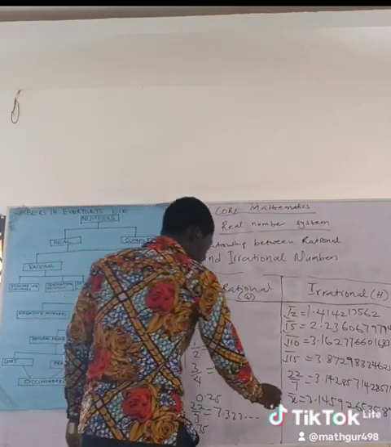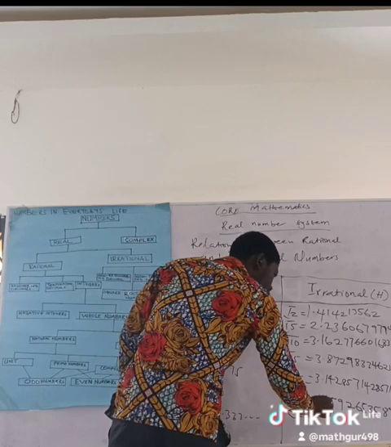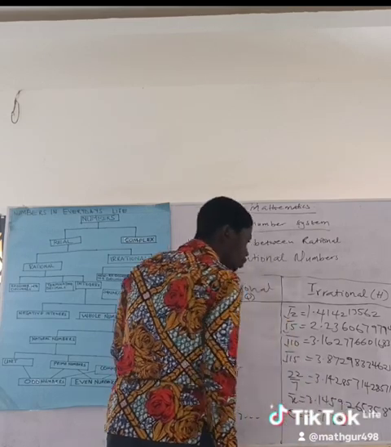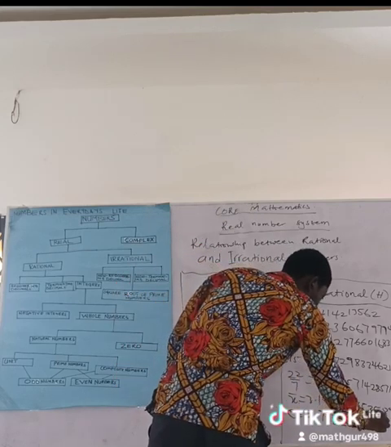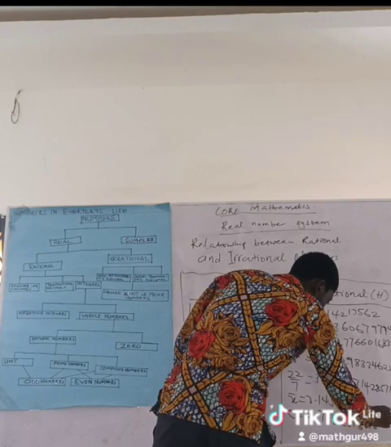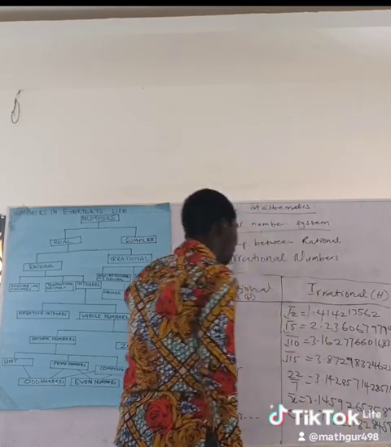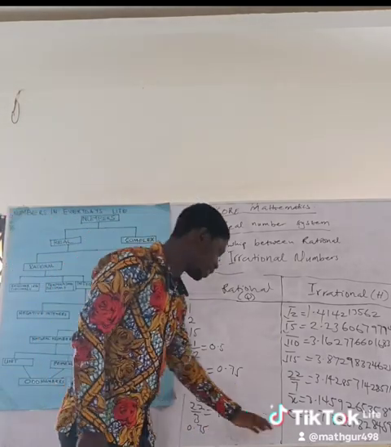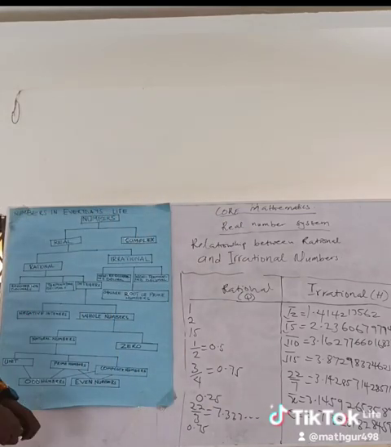Then you have Euler's number, which is 2.71828182845990. Euler's number is also an irrational number. In its decimal form, it is not terminating or recurring.